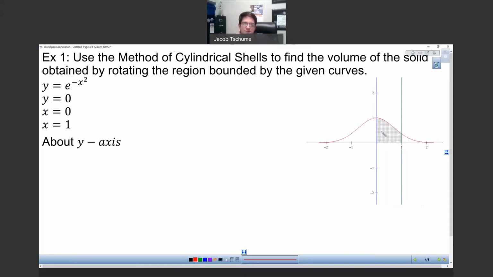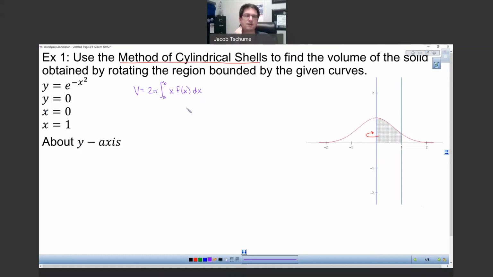We're going to take this black shaded region and rotate it around the y-axis using the method of cylindrical shells. So you have to go backwards from the y-axis, and our volume is going to be 2 pi times the integral from a to b of x f of x dx.